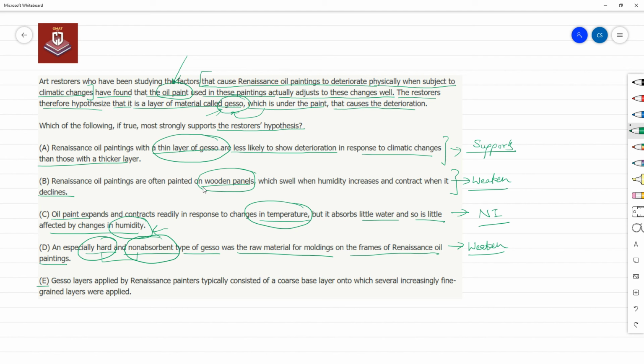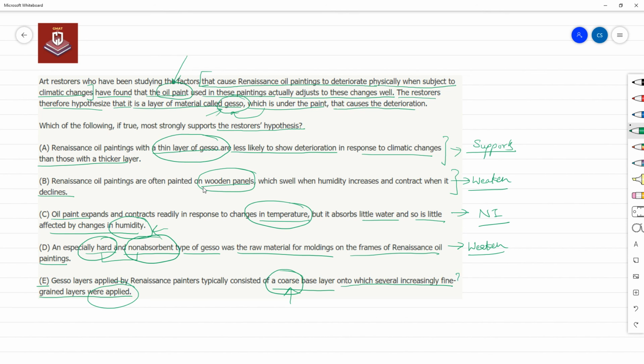Option E, gesso layers applied by Renaissance painters typically consisted of a coarse base layer onto which several increasingly fine grained layers were applied. That's fine, but I don't know what a coarse base layer or fine grained layers have to do with adjusting to climatic changes.